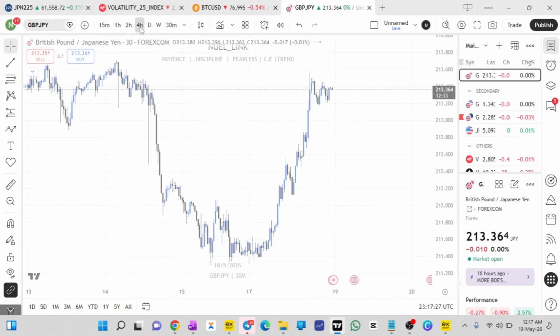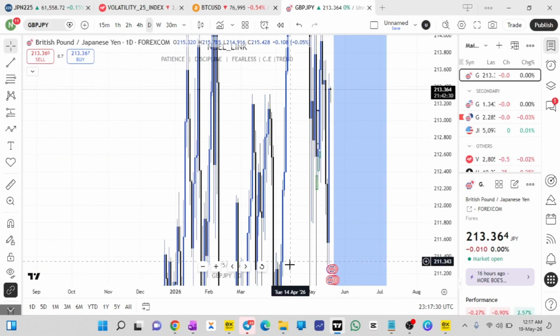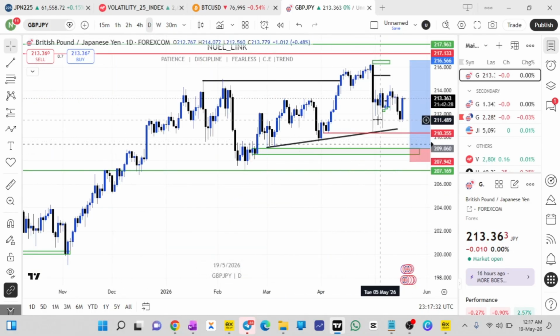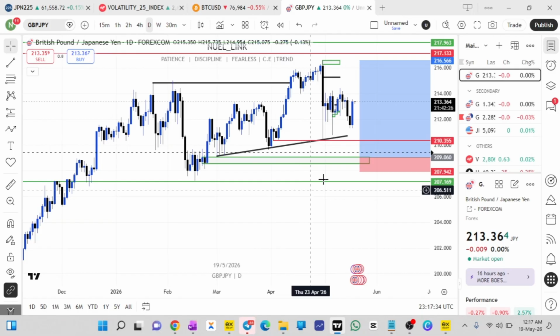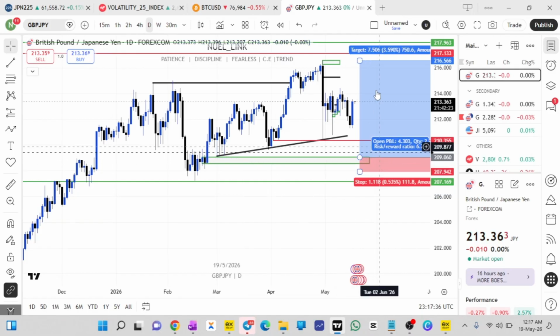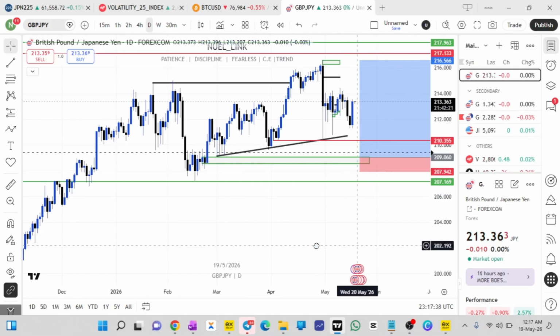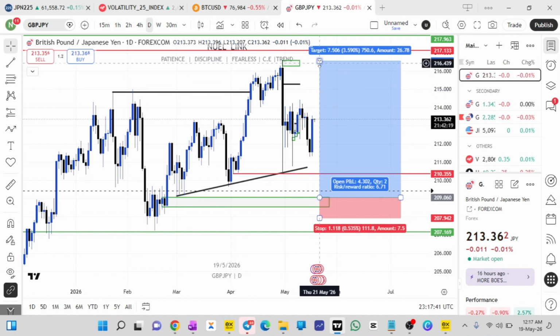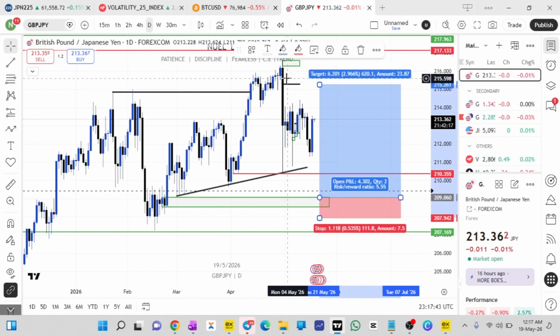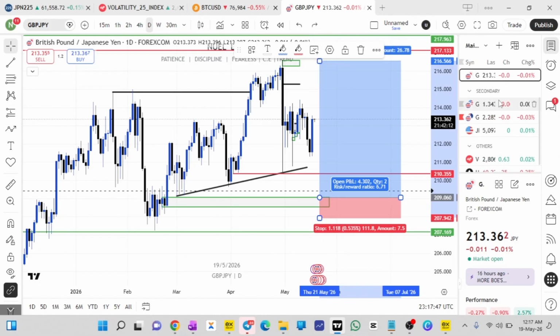Then for this pair, what I have is a swing setup because of all this multiple weeks rejection. I don't take trades for multiple week rejection. I need price to come to this zone, then I'll take entry on daily. Most likely I might hold TP here before the supply zone.